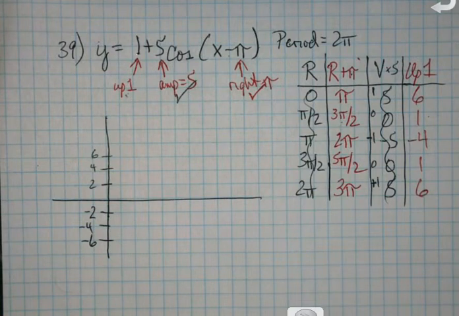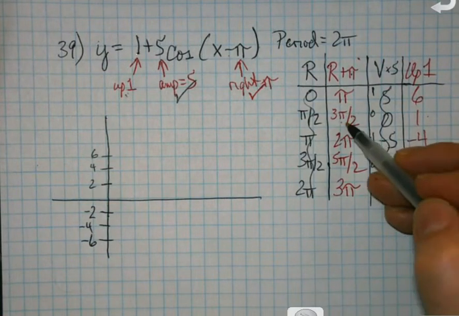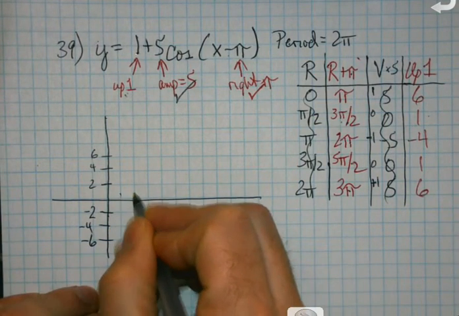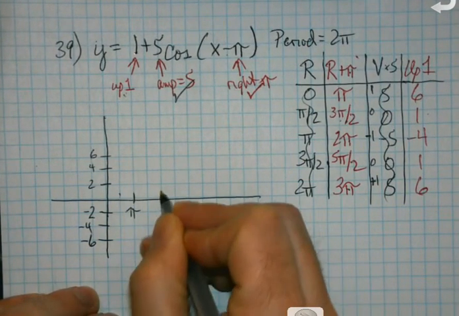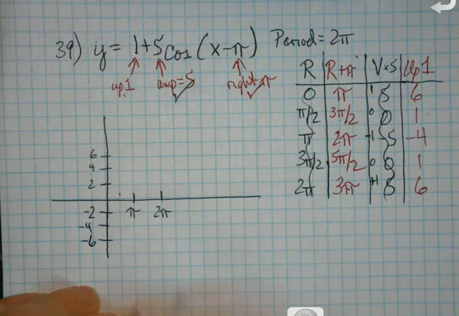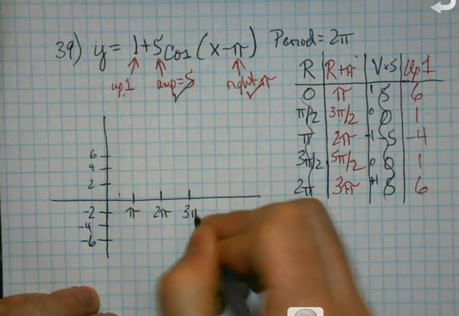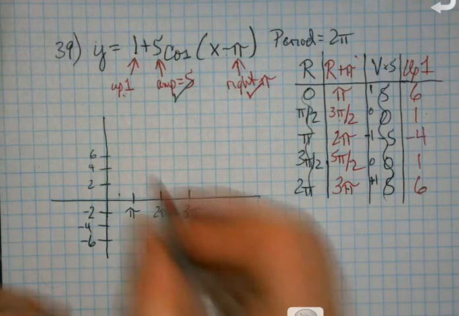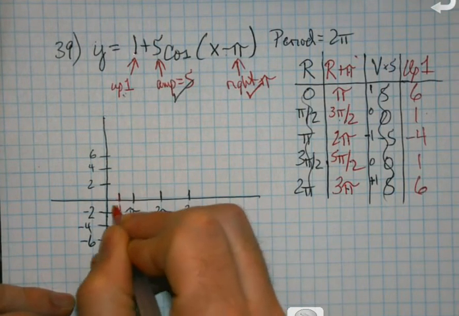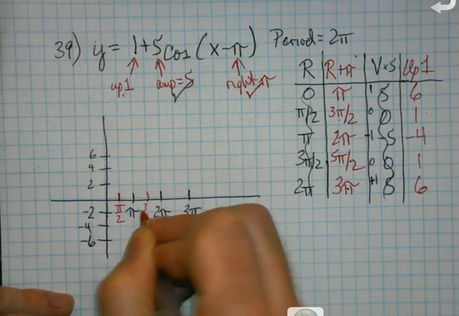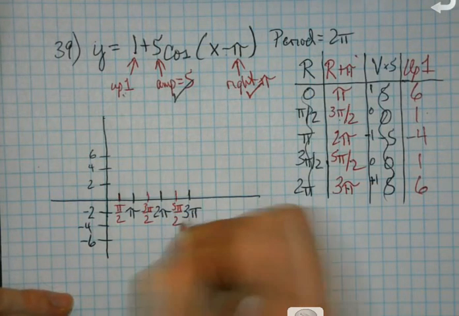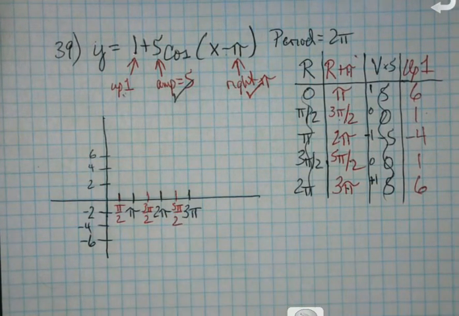So even though I'm starting at pi and then going up another half each time, I do need to be consistent with what I'm doing. So some of you are like, okay, if you just do it by pi, that would mean the ones in between were pi over 2, 3 pi over 2. Now, I'm just writing these in to let you see where they're at again. If you just put pi and 2 pi and 3 pi and can figure that out, that's okay.